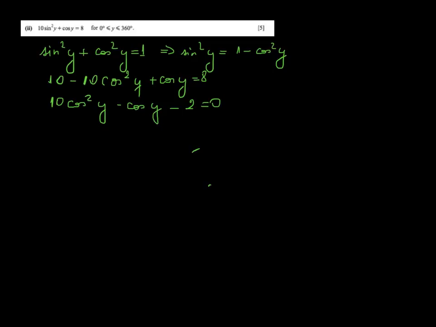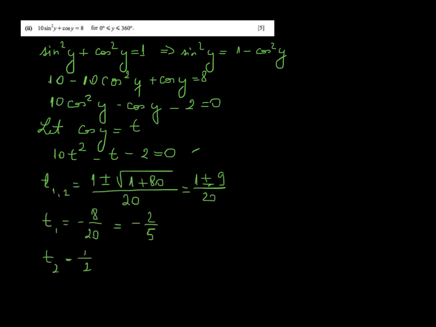Now I will use the quadratic formula by letting cos y be, for example, t. So my equation is 10t squared minus t minus 2 equals 0. So see, I end up with a quadratic equation.